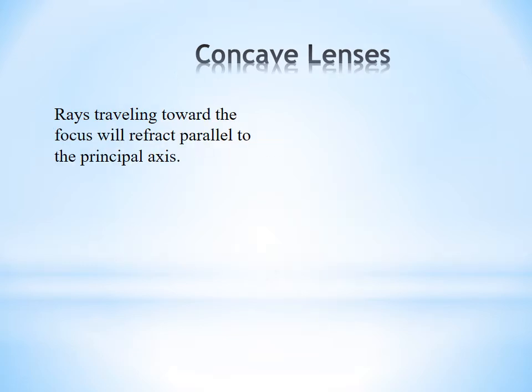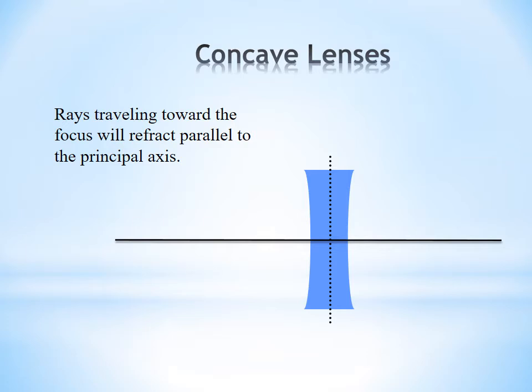Second ray, which is called the focal ray. To draw this ray we will start with the lens and its axis. This lens also has two focal points, one on each side, and we have this object. This ray starts from the head of the object to the lens this way, and the extension of the incident ray will pass through the focal point.